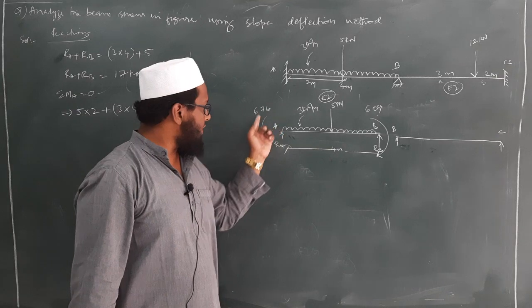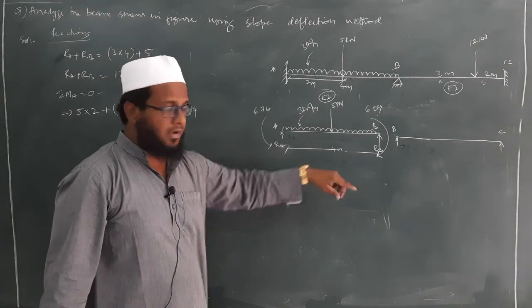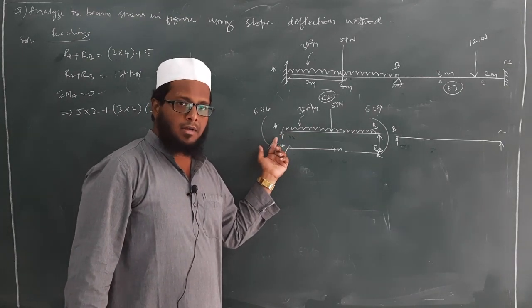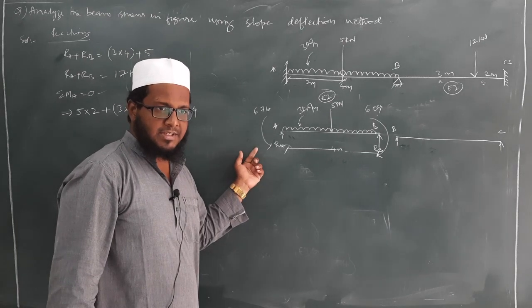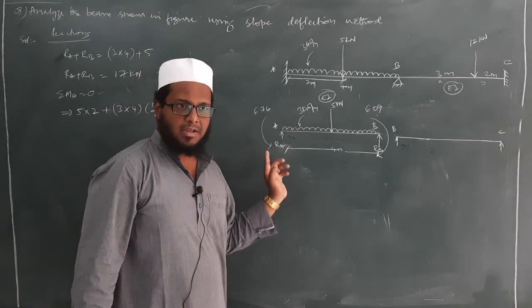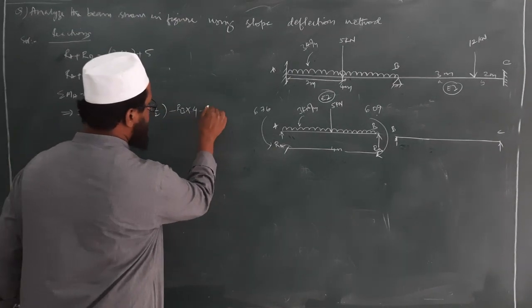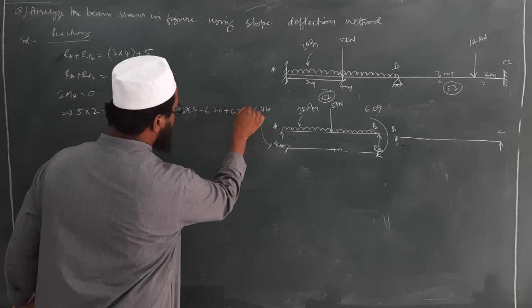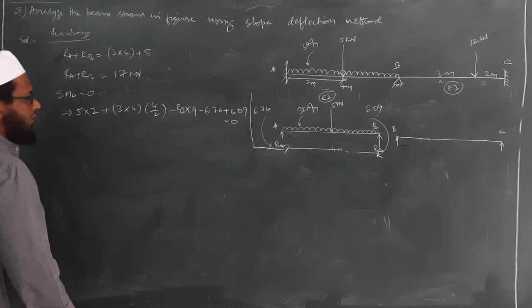One is going in the anti-clockwise direction, another in the clockwise direction. However, we are calculating moment at A. This moment should be considered, but the force will not be considered. So minus 6.76 plus 6.09 is equal to 0.